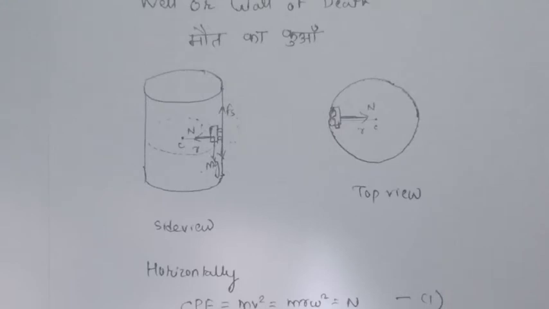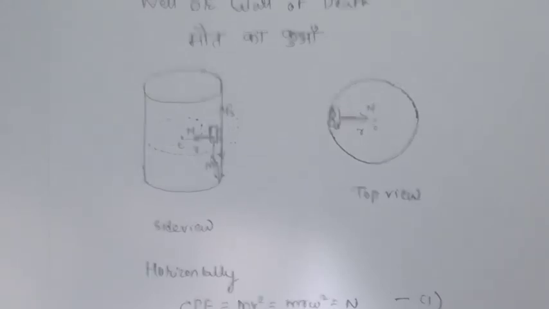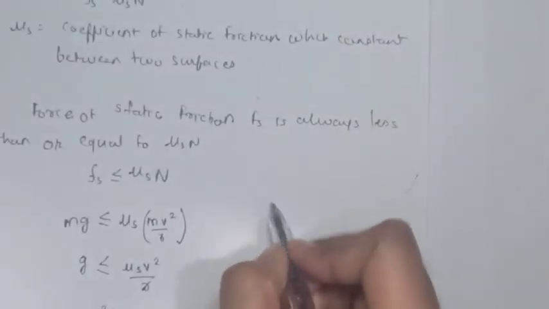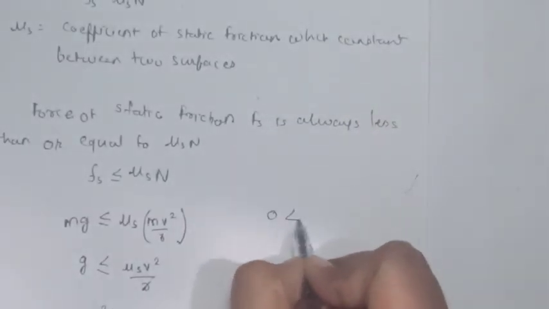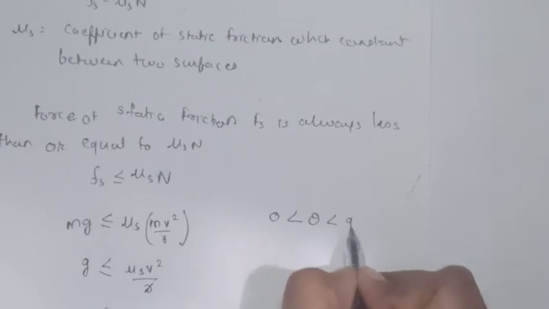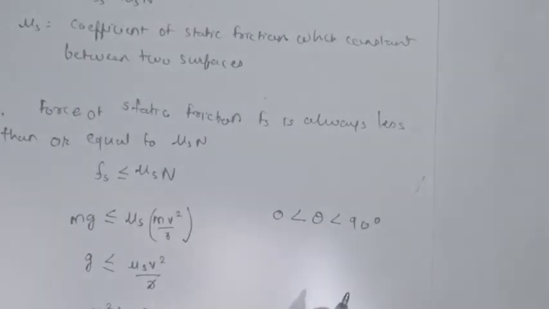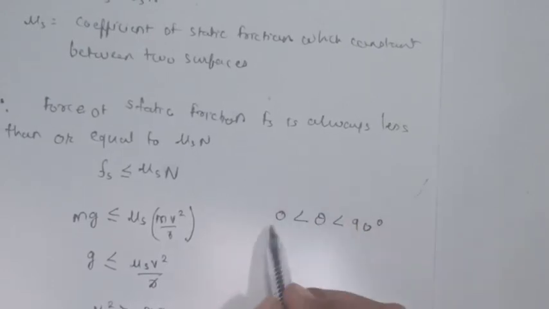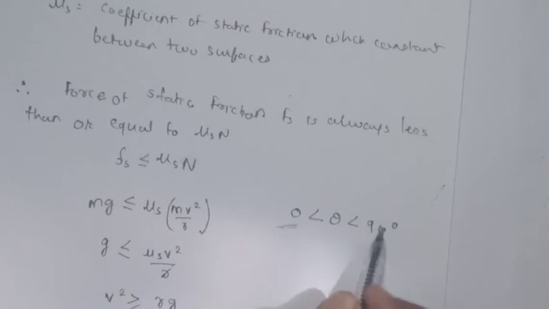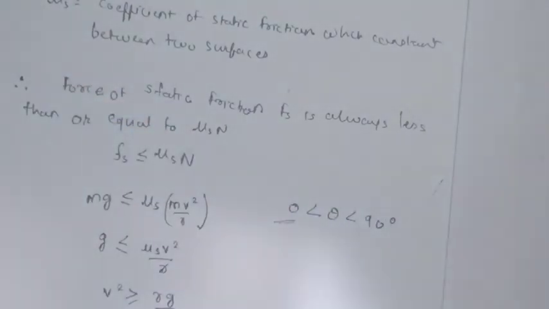It means that for any other banking angle, that is between 0 and theta less than 90 degrees, the turning speed will have an upper limit as well as a lower limit. So the upper limit will be given by this part and the lower limit will be given by this part.